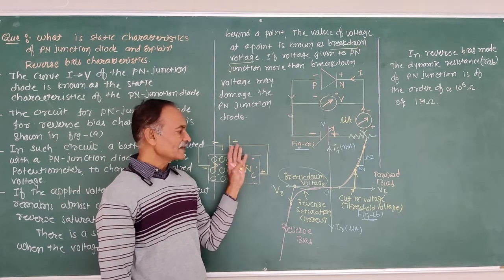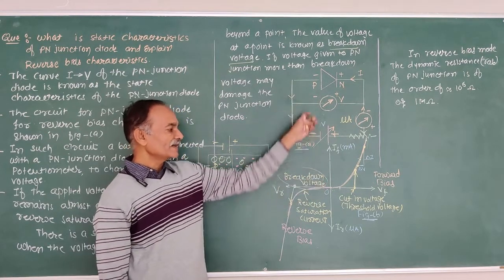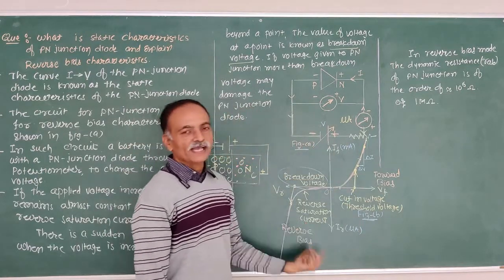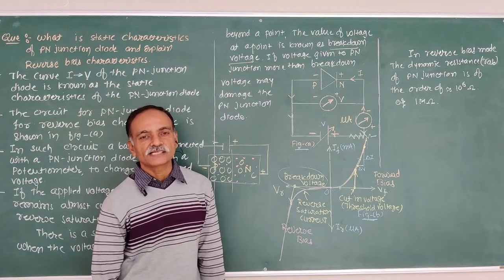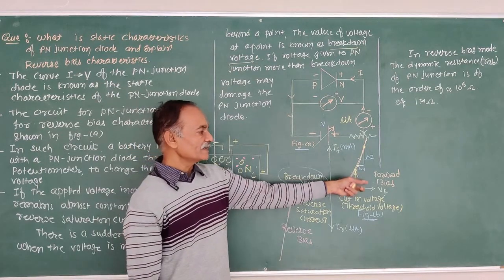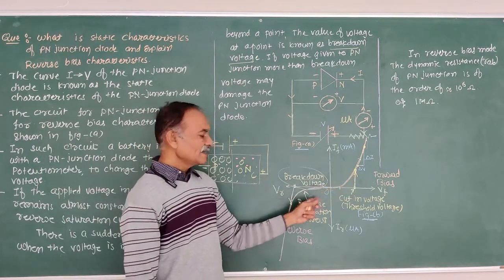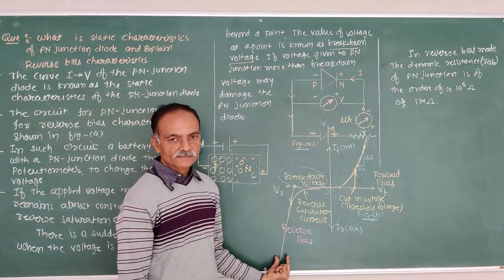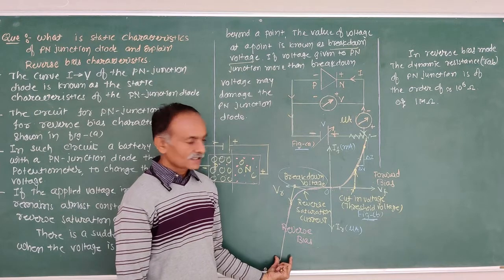This figure is not required. Only these two figures, figure A and figure B. So this whole graph is known as the characteristic of the PN junction diode. The first quadrant represents the forward bias characteristic. The third quadrant represents the reverse bias characteristic. Here it is. Okay.